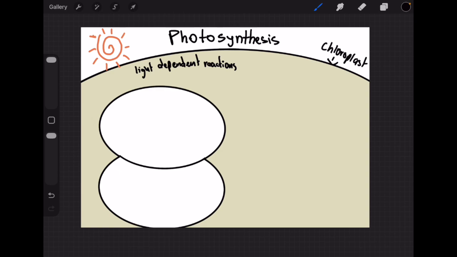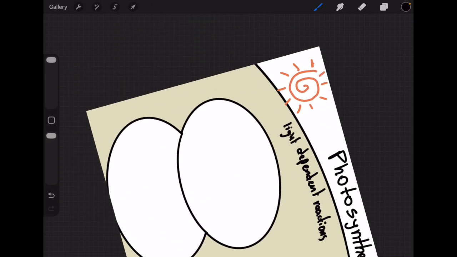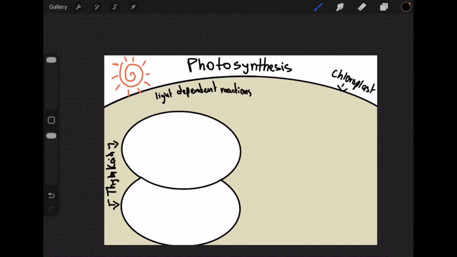So the first part of photosynthesis is light-dependent reactions, which happens in the thylakoid. Here, these two big ellipses are like thylakoid. So in the thylakoid, we have a couple of things that happen.